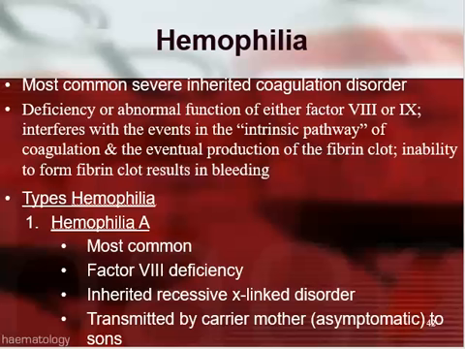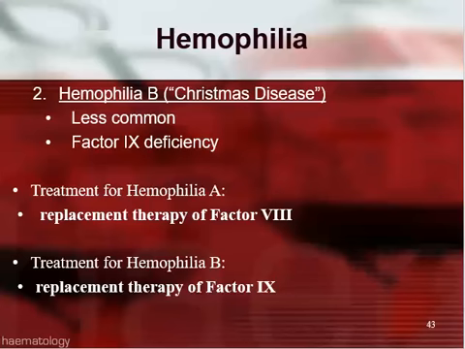Mother was a carrier. Christmas disease, hemophilia B, is less common, and it's a problem with factor 9. And in both of these cases, what you do is you just treat with supplementing the factors.